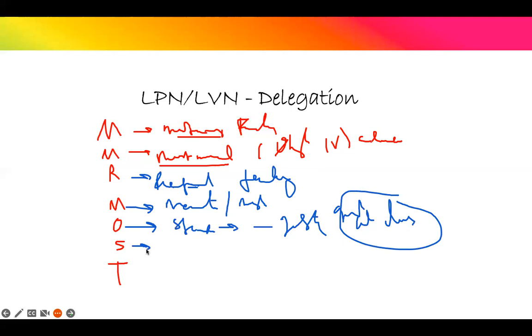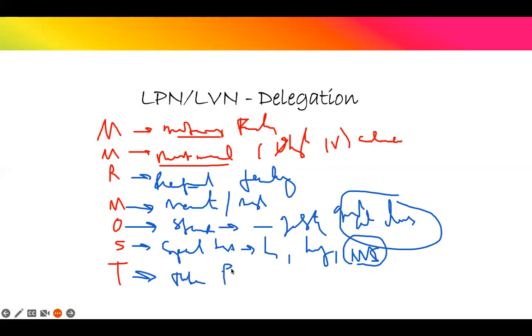And then the S is special test. Like they can listen to bowel sounds, they can listen to lung sounds, they can check neurovascular exams. So they can do special tests, which is lung sound, bowel sound, and neurovascular exams. And the T, they can do tube feeds.